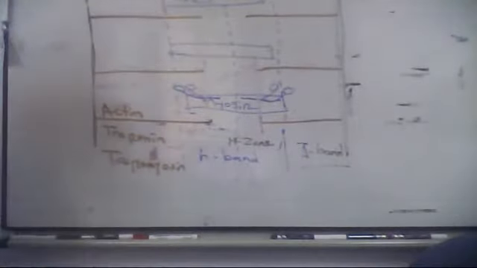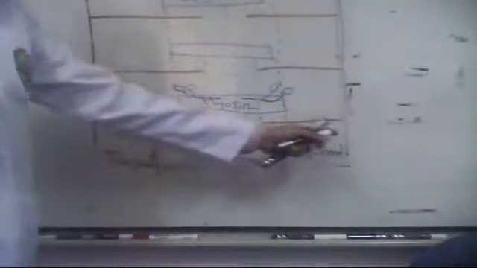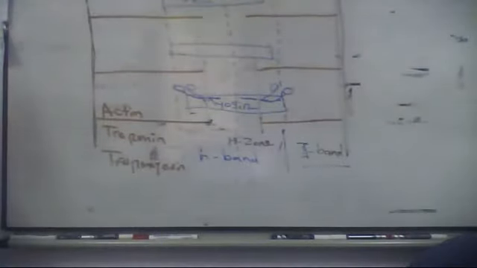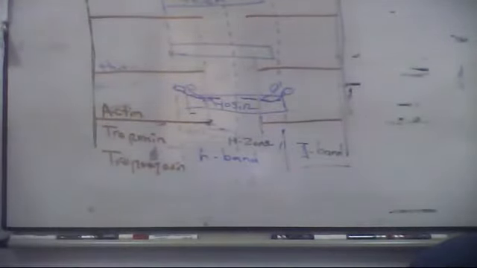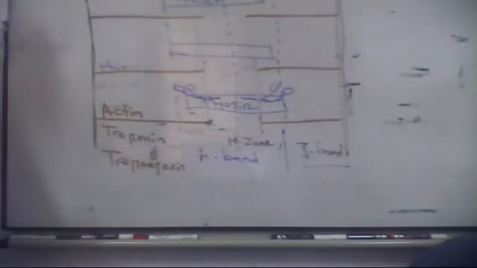So again, what is the shape of the sarcomere present between two Z lines? It contains in the center thick filaments formed of a protein called myosin. In the periphery we have thin filaments, containing actin, troponin and tropomyosin.